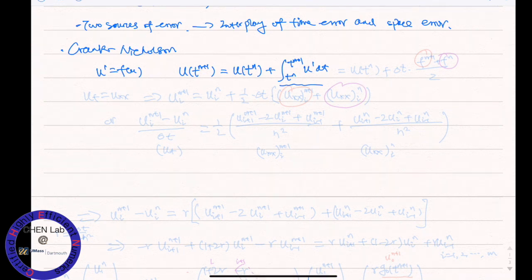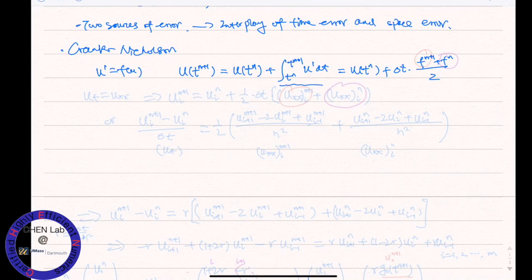If we take the so-called trapezoidal rule, we have the Crank-Nicolson scheme, which is u at t_n plus delta t times 1/2 of f_{n+1} plus f_n.